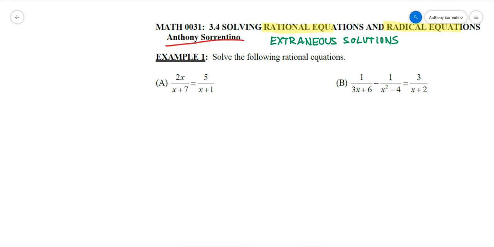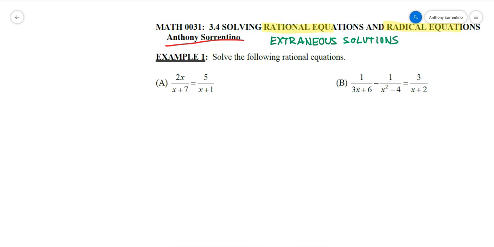I just disregard it once I realize it doesn't make any sense. These two types of equations are noted for having those quite a bit. And we can usually recognize them pretty easily once you get the idea of handling it. So let's take a look at these types of equations. What can possibly produce the extraneous solutions, and how do we go about solving these equations?